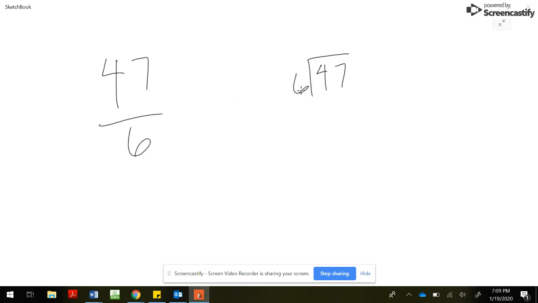I know that 6 times 8 gets me 48, so that's going to be too much. I know 6 times 7 gets me 42. So I'm going to do that. Subtract, I get 5. My remainder becomes my numerator. My denominator is what I divided by. So I got 7 and 5/6.